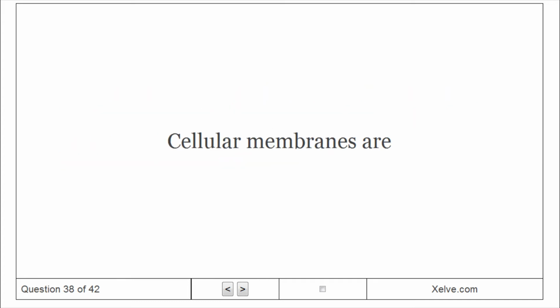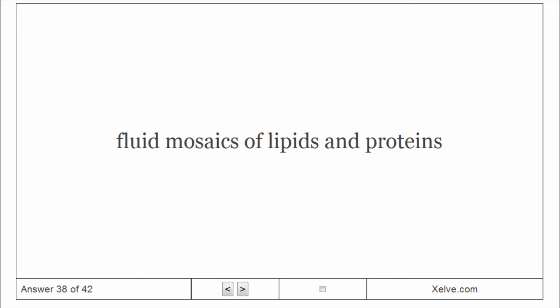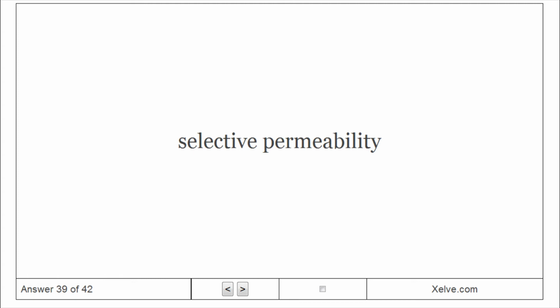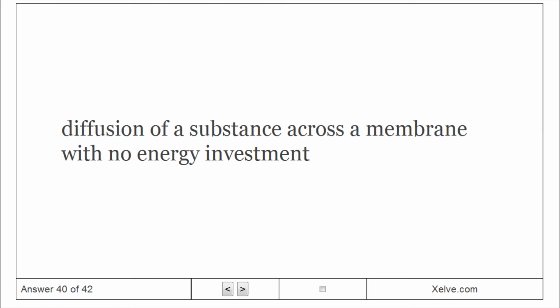Cellular membranes are fluid mosaics of lipids and proteins. Membrane structure results in selective permeability. Passive transport is diffusion of a substance across a membrane with no energy investment.